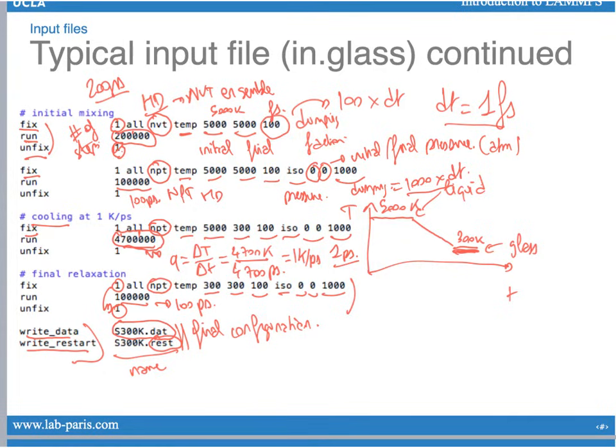In this case, LAMMPS will create a new file, s300k.dat, that will contain the information about the data file, and will also create a new file, s300k.rest, which will be the restart file that can be used later on. So it's always important to put this information at the end of the simulation so that you can directly reuse the outcome of this simulation for any subsequent simulation.